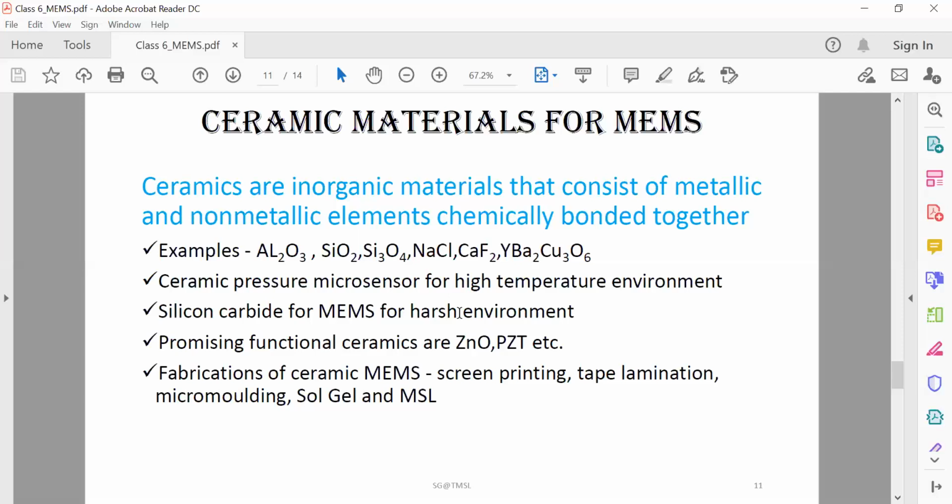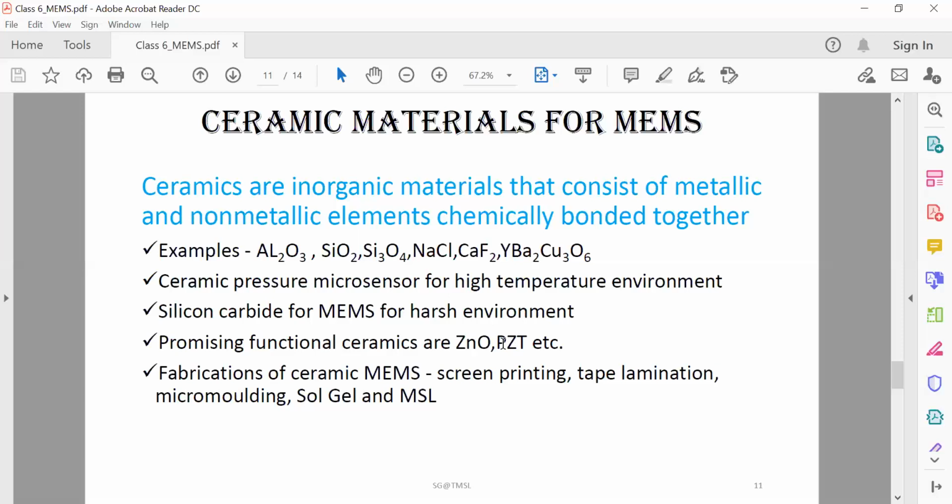Other promising functional ceramics are zinc oxide and PZT, that is lead zirconate titanate. These two materials are extensively used nowadays as functional materials for MEMS.